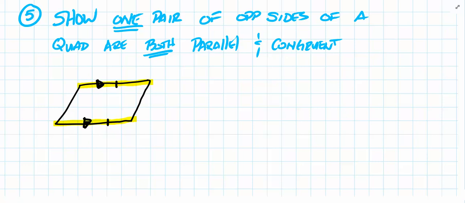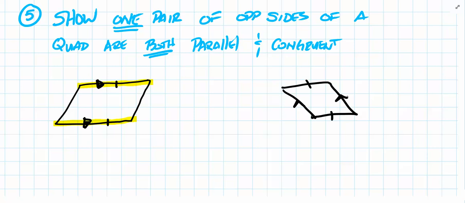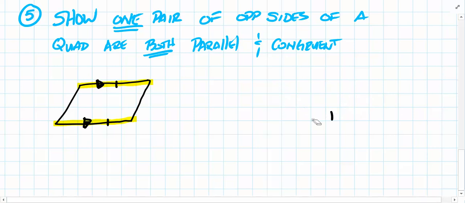Now, a lot of times students will do this. They'll have this and they'll say, well, that's congruent and that's parallel, so it must be a parallelogram. That's not saying the same thing. They have to be on the same pair of sides, okay?